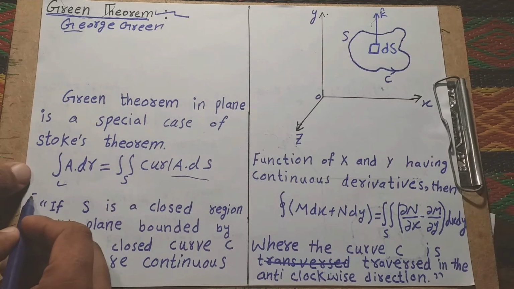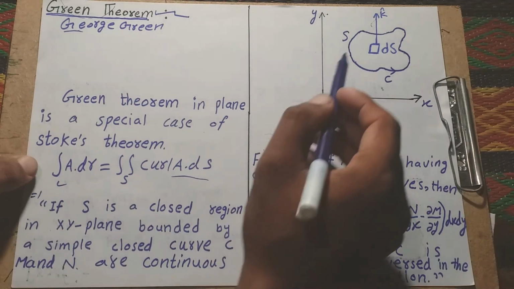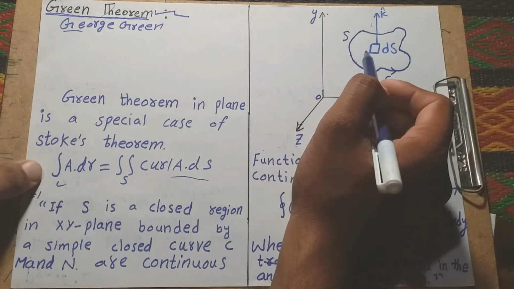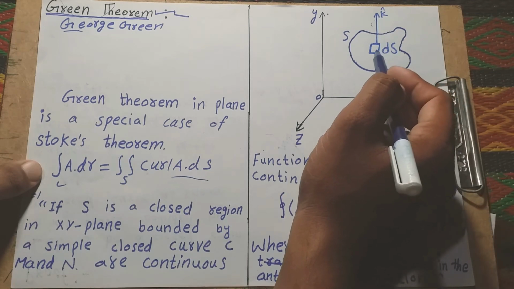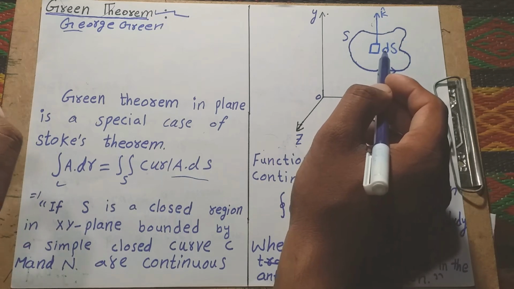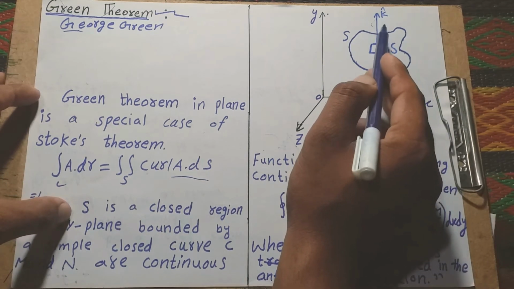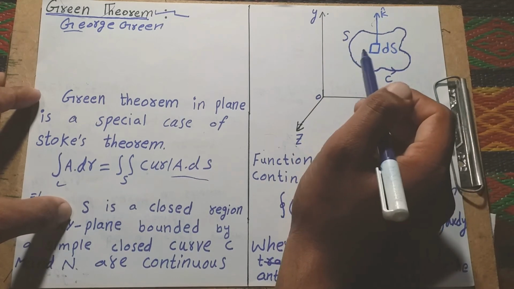Now, S is a closed region, the region closed within the boundary is called S, dS is a small patch of the surface, and k is a normal vector.